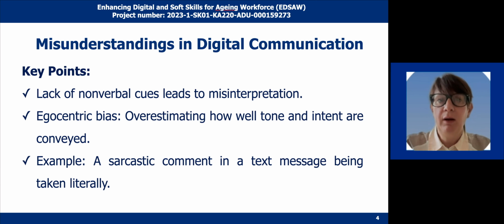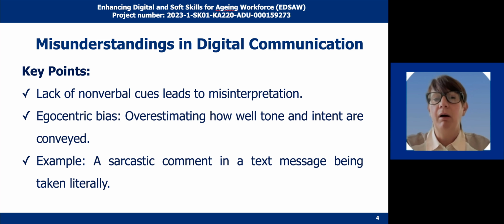Misunderstandings are one of the most common causes of conflict in digital communication. Without the context provided by nonverbal cues, messages can be easily misinterpreted. For example, a sarcastic comment in a text message might be taken literally, leading to confusion or even offense.